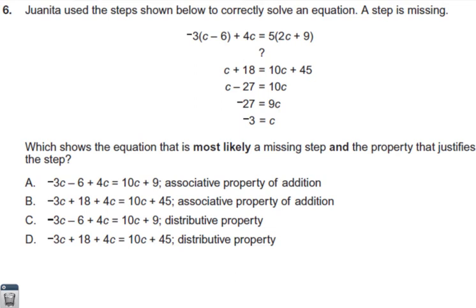Number 6, they want you to identify the property of the missing step, right? So looking at this, what would you do from here? Wouldn't you distribute, right?